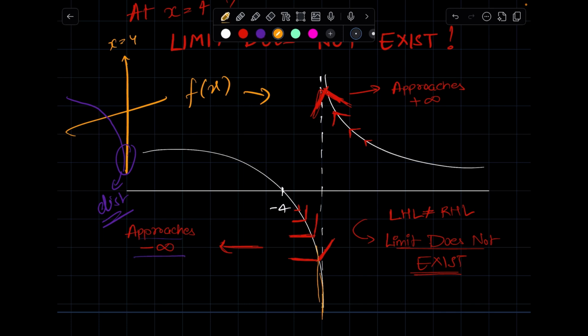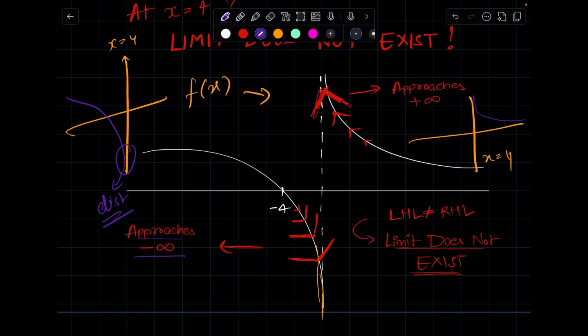When you're talking about the right hand side, you can see that it goes to y positive infinity, and the same thing happens. If this is x is equal to 4, and this is the right hand side of the graph, you will see that this graph also gets closer and closer, but it never quite matches x is equal to 4.